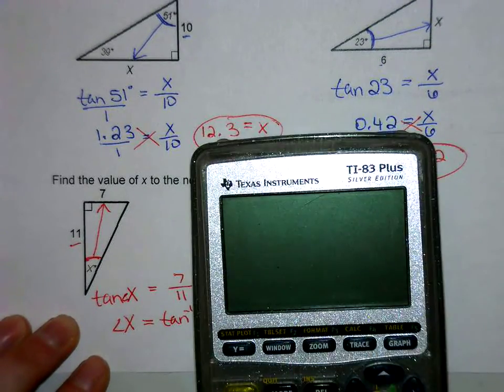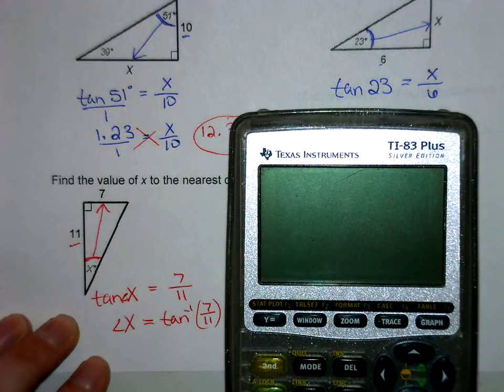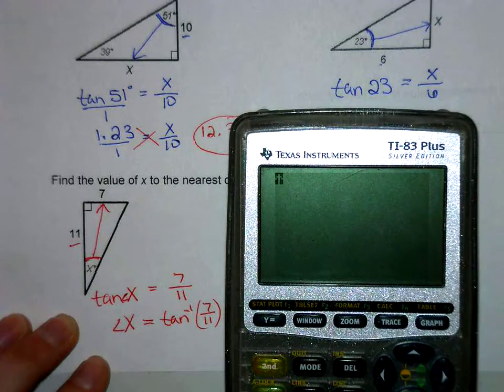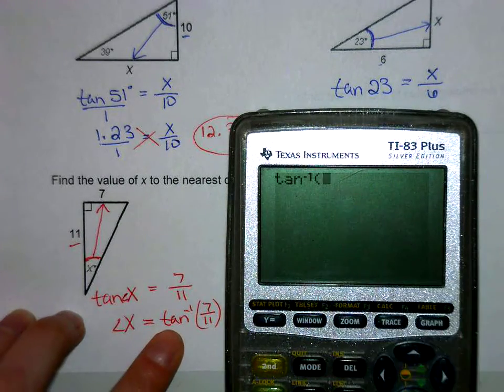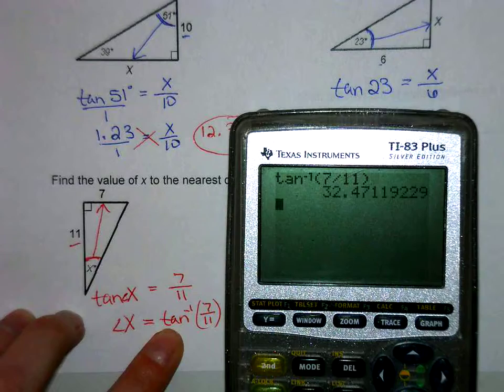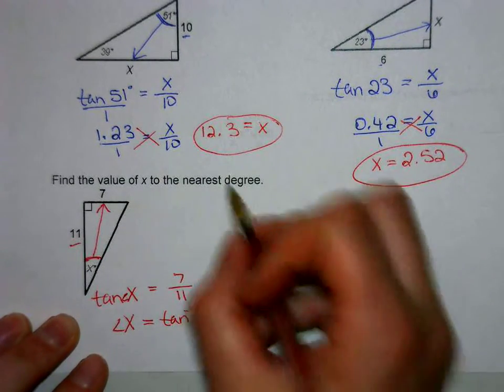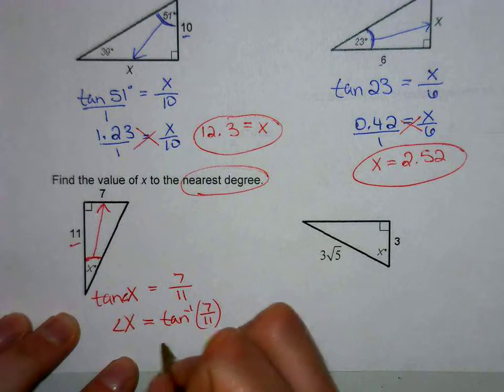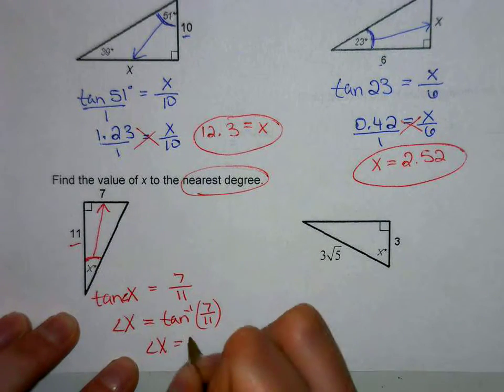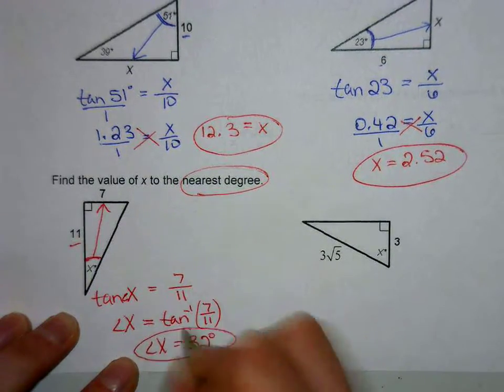So in our calculator, to get the inverse, we do second tangent to get the inverse tan, 7 divided by 11, which is 32.47. And round to the nearest degree, angle x equals 32 degrees.